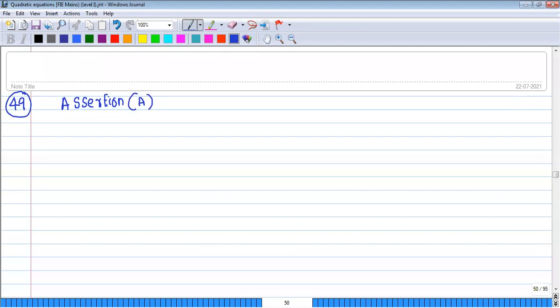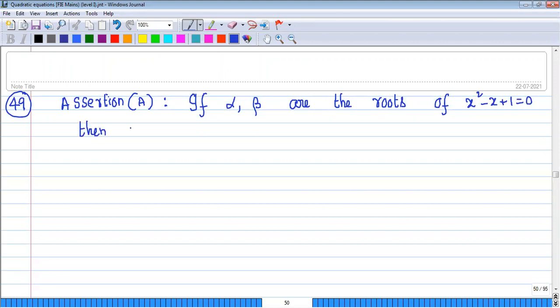So from this year onwards in the CBSE examination, the first term examination will be conducted on multiple choice questions. These types of questions will be asked. Assertion: if alpha, beta are the roots of x square minus x plus 1 equals 0, then alpha to the power of 5 plus beta to the power of 5 equals 1.